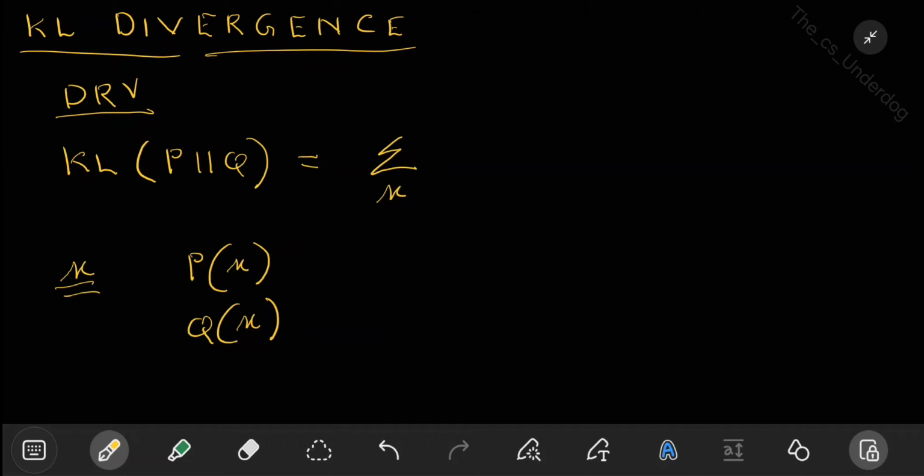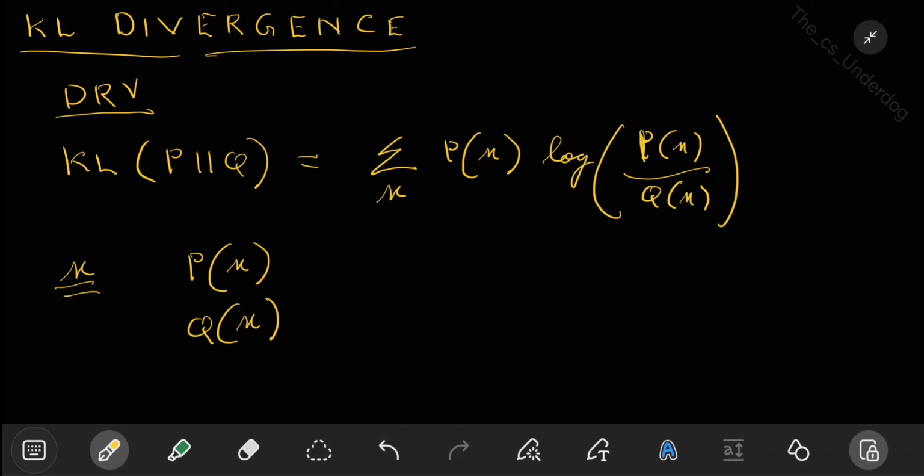So in this case, the KL divergence of P from Q can be identified as summation over all the values of X, P of X into log of P of X divided by Q of X. This is how you can calculate KL divergence of P from Q, where P and Q are two different distributions.